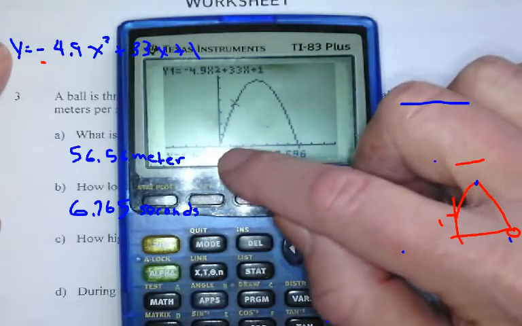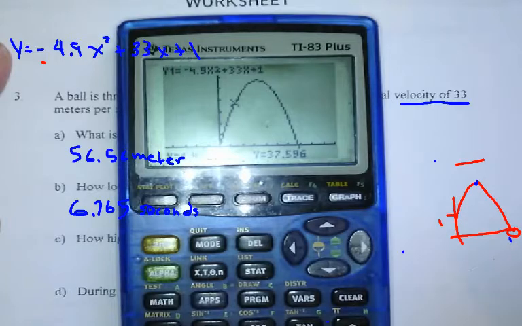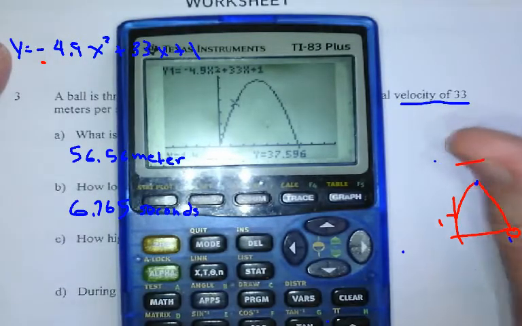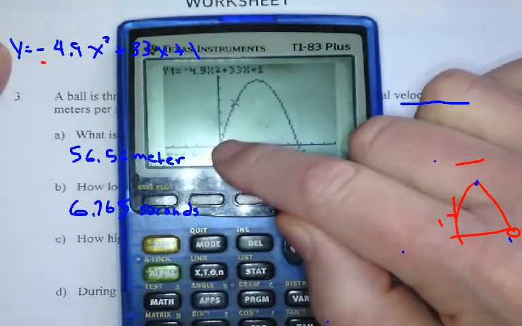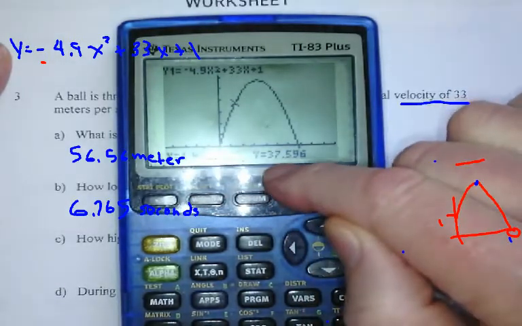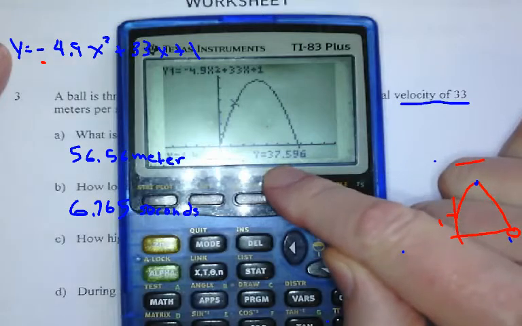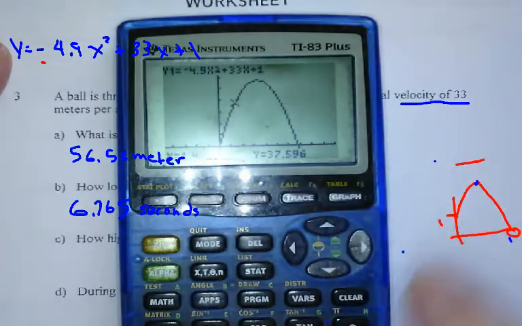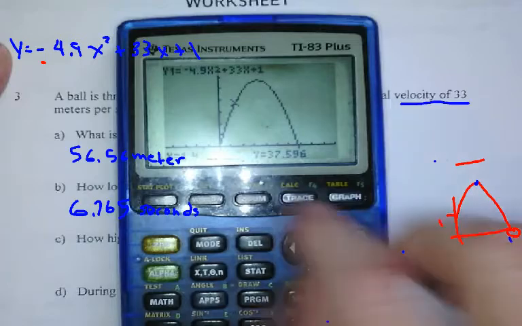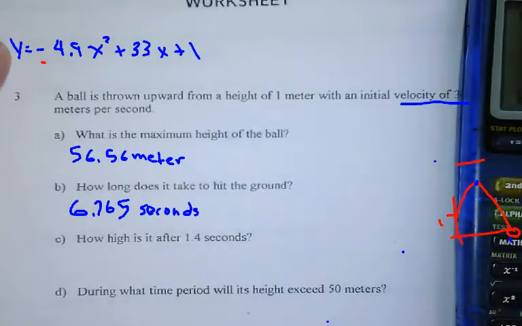So if I asked you to comment on the position of the ball at 1.4 seconds, you would say it's on its way up and its height is 37.596. We might even round that off. So, how high is it? 37.6 meters high. After 1.4 seconds, that's where it is.